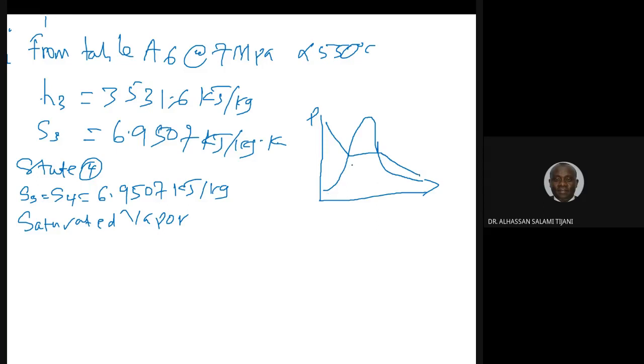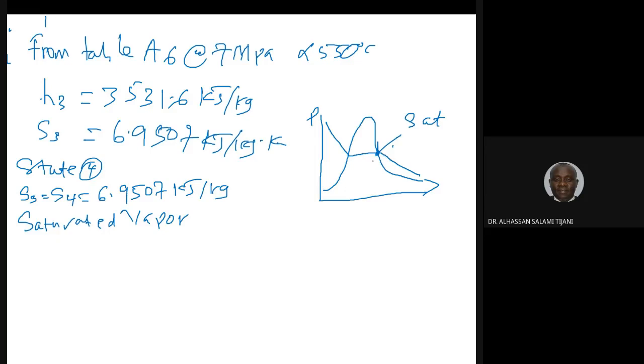Okay, so we are looking for the pressure. Since we know the state is saturated vapor, it means the pressure at this particular state is going to be the saturation pressure at a given temperature.